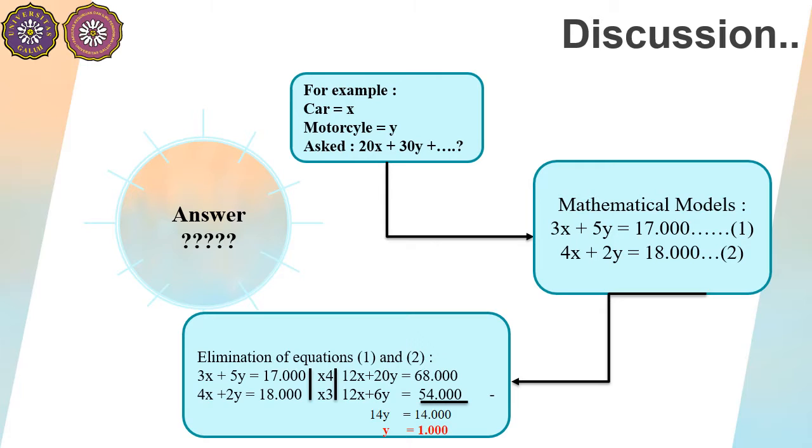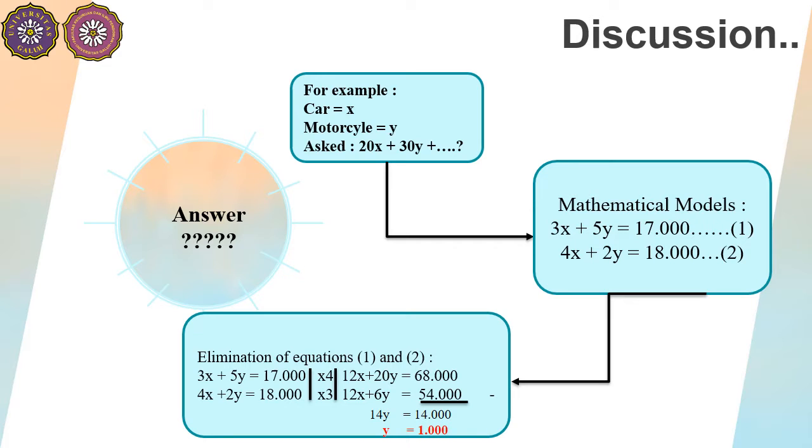Elimination of equations 1 and 2: 3x plus 5y equals 17,000 and 4x plus 2y equals 18,000.